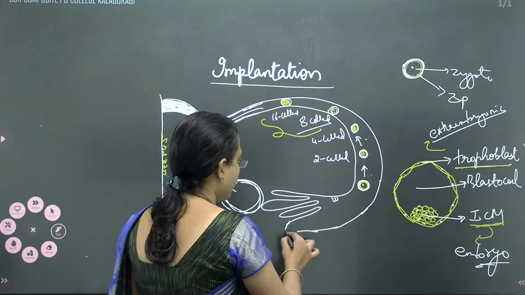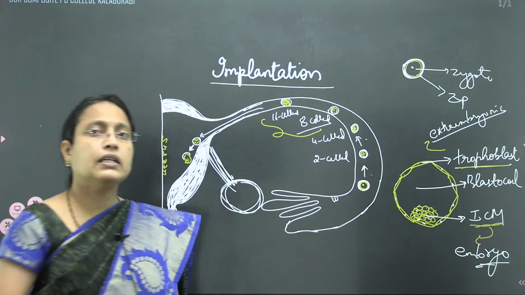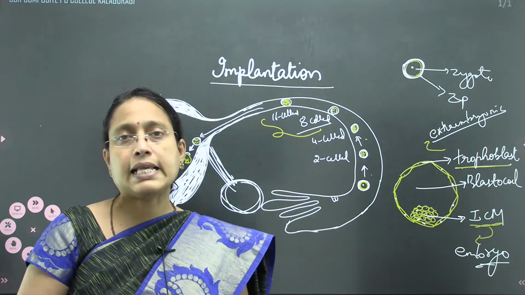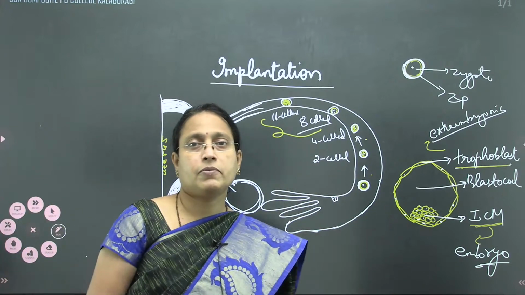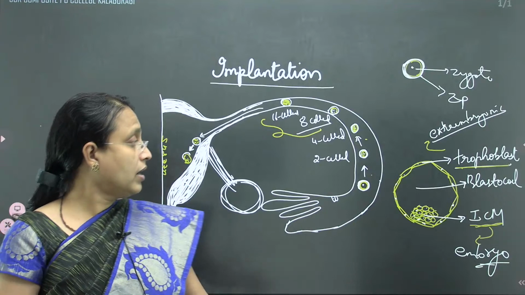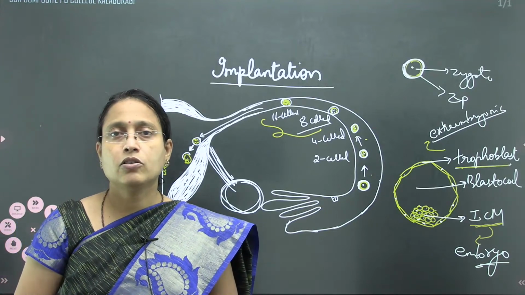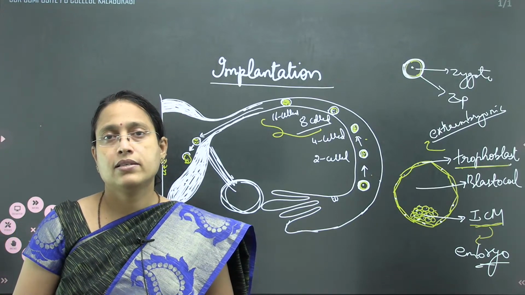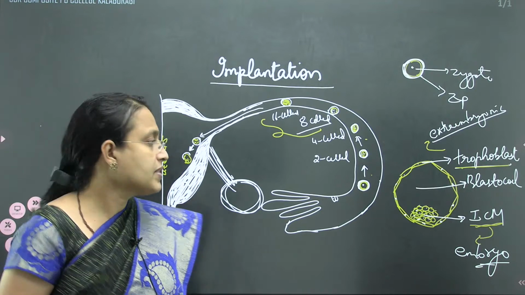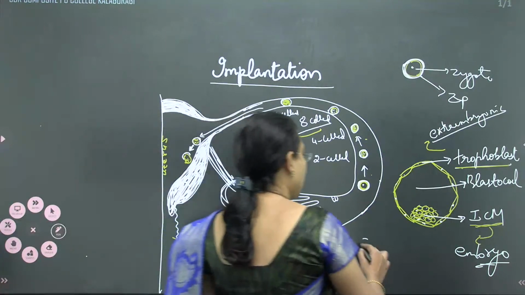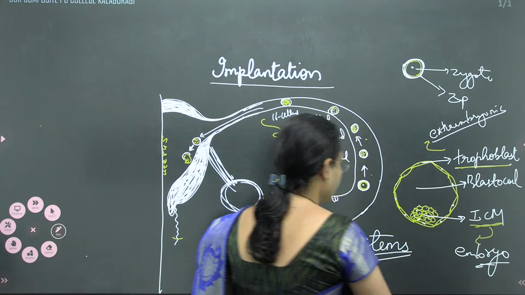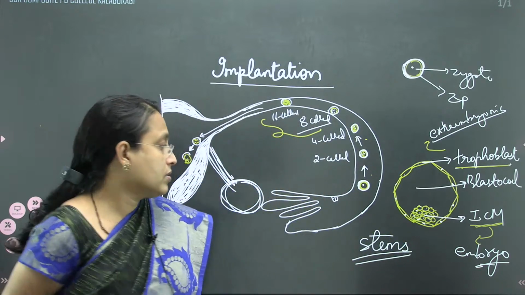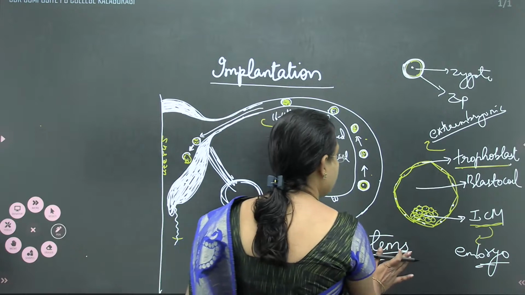That will be taught further in the next steps. ICM cells are more or less like stem cells.